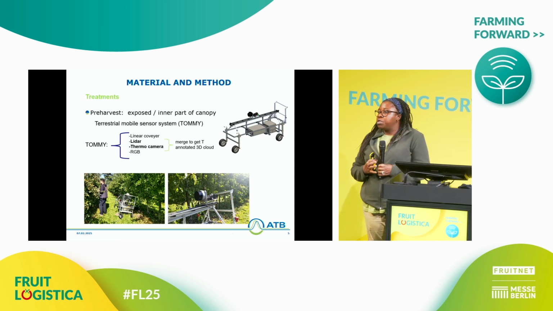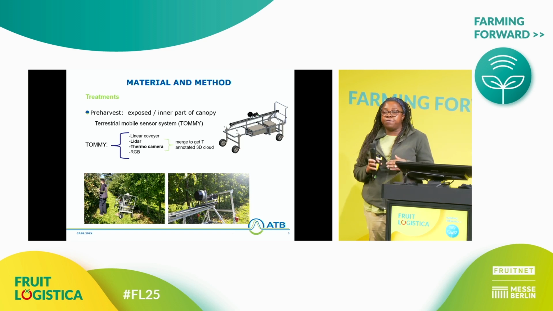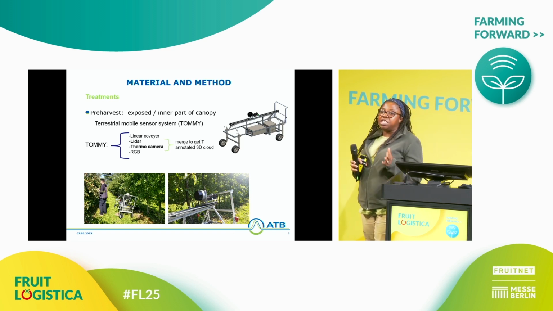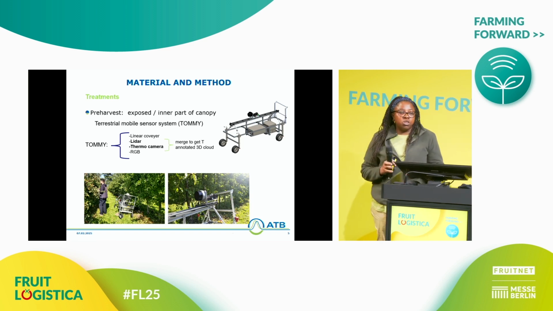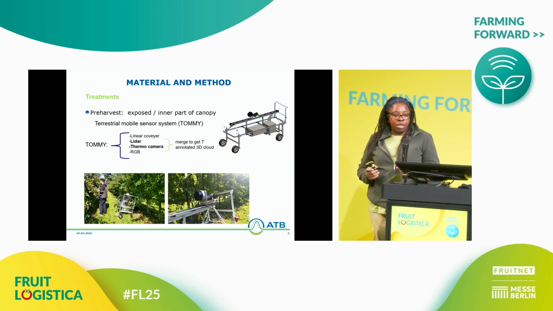So the study consisted of 3 treatments. The first treatment, pre-harvest treatment, for this treatment, you have to differentiate between exposed and shaded fruit. So we did that based on the temperature, and we used the terrestrial mobile sensor system, commonly known as TOMI, to do that.